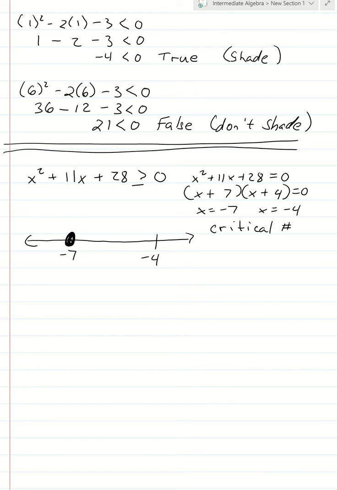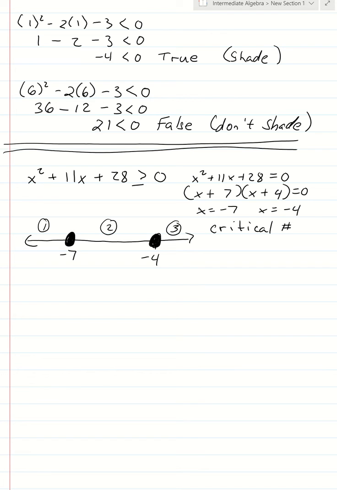We're going to shade in the critical numbers of negative 7 as well as the negative 4, because they are actually part of the solution. And now once again, I have formed three regions. The region of numbers to the left of negative 7, the region of numbers in between negative 7 and negative 4, as well as the region of numbers to the right of negative 4.